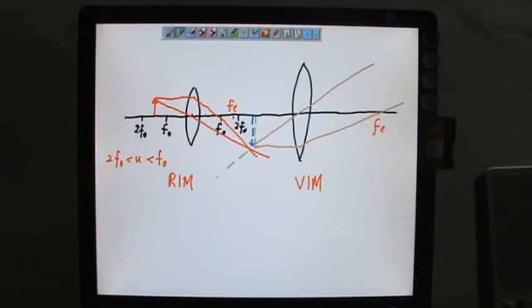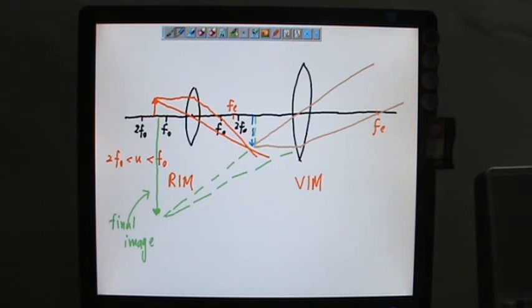When you extrapolate them, the final image is being formed somewhere here. Final image. So this image is virtual, inverted and magnified.